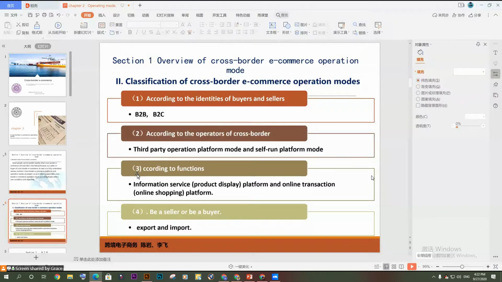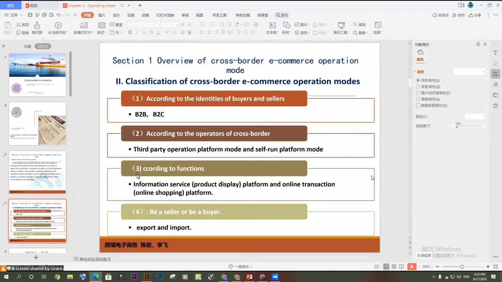The public platform will be very big, because it can have so many sellers on it. Can you give some example of a public platform, the third-party operation platform? Just like Amazon, AliExpress and Taobao. Okay, got it. So this is number 2. Now let's go ahead to number 3.